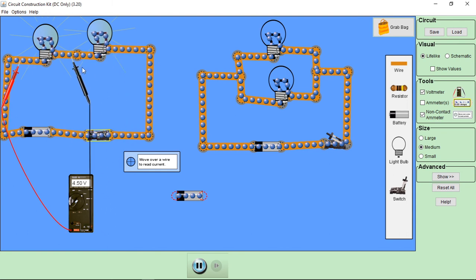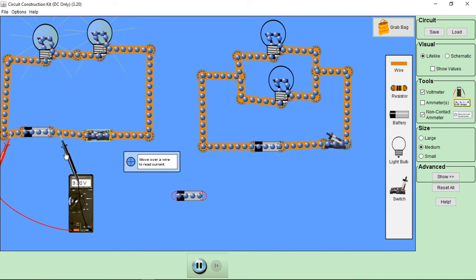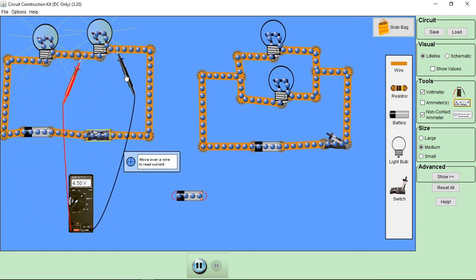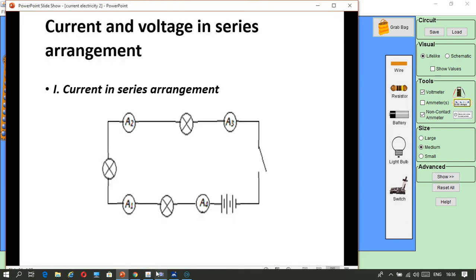You see, the voltage that comes here, 4.5 drops here and 4.5 drops here. The total voltage that is coming from here is what? 9. But this one is 4.5, this one is 4.5. 4.5 plus 4.5 makes what comes from the cell. That's what we are saying.